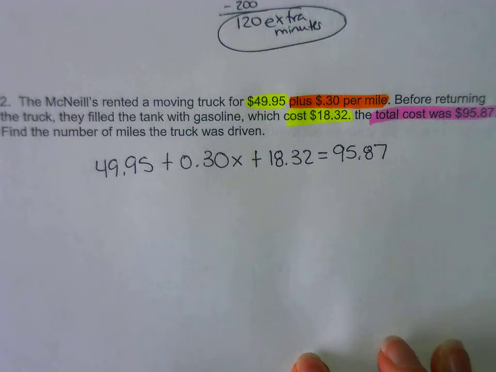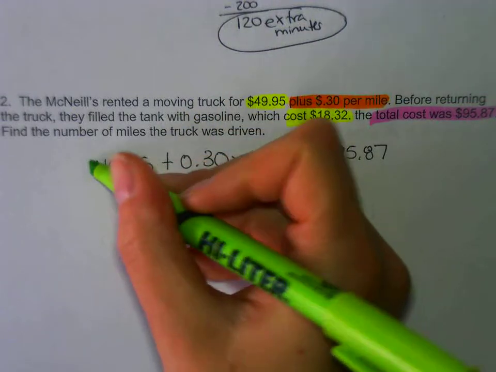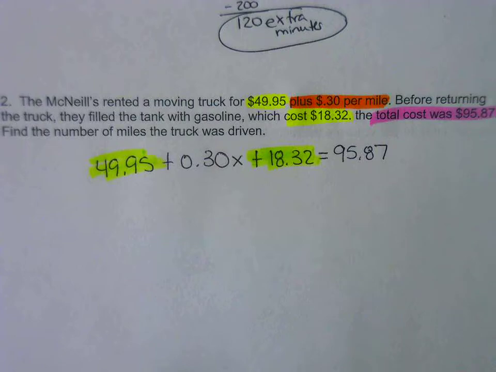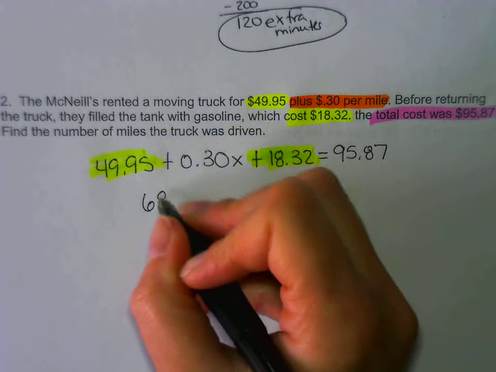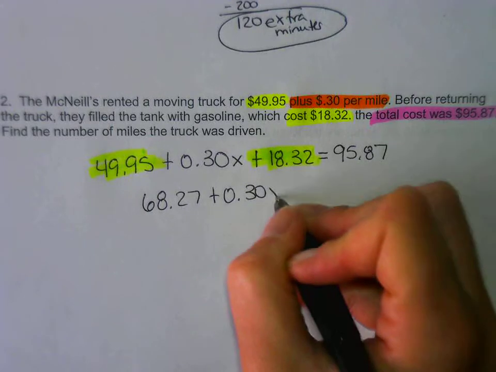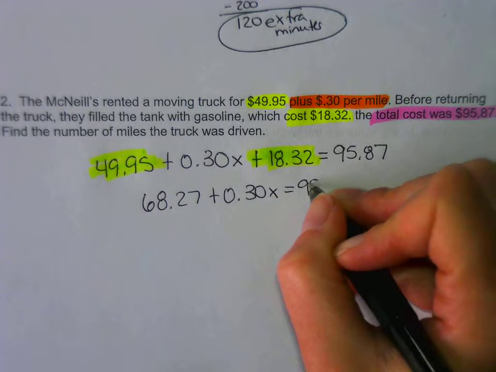So now there is nothing to distribute, but we do have like terms. On the left-hand side, we have $49.95 and $18.32. So when we combine those together, we get $68.27 plus our 30 cents times x, which equals $95.87.